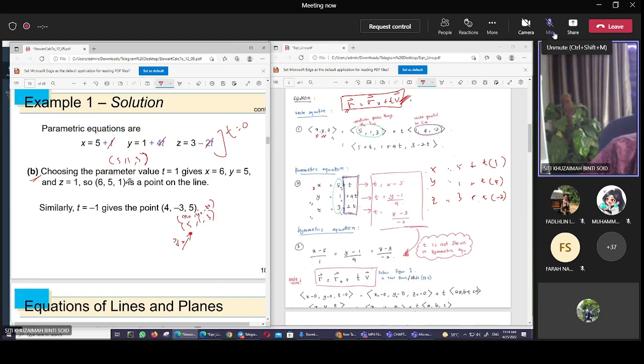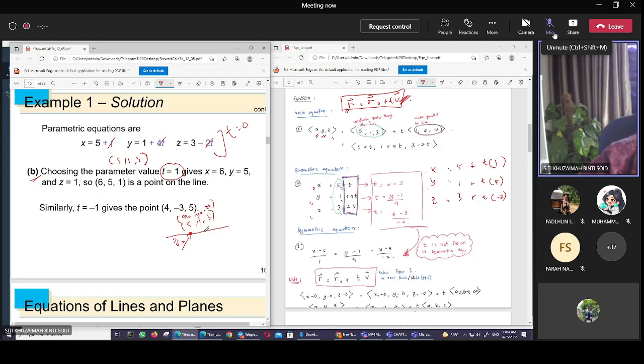But now, we can write another equation of the line by choosing a different t. For example, when t equals 1, our x, y, z will become 6, 5, 1. This point 6, 5, 1 actually lies on this line, you know. Somewhere here.